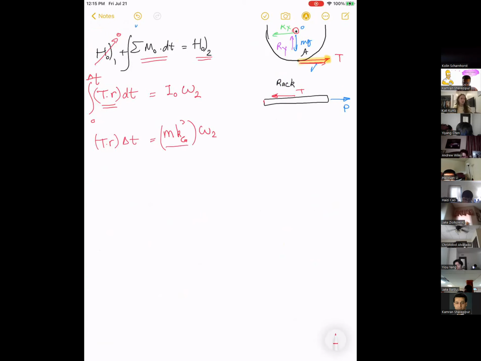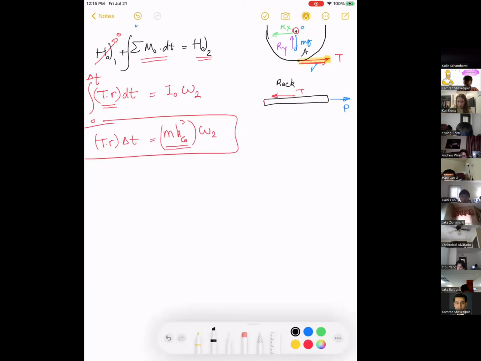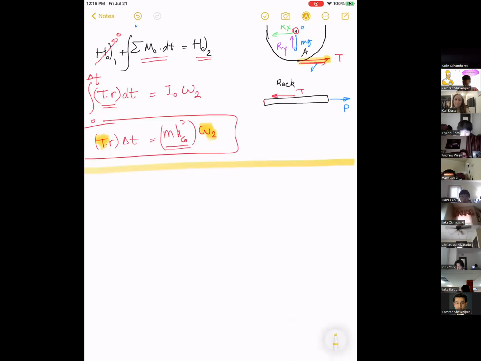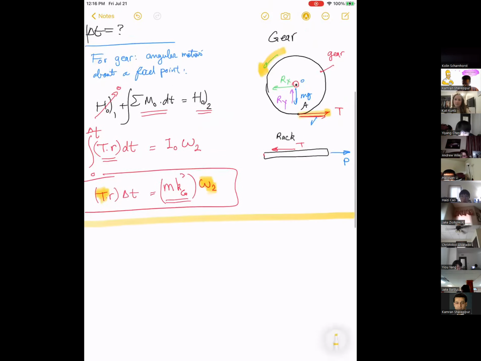This is another way to give you the moment of inertia. Instead of telling you the moment of inertia is this much, they give the radius of gyration, and you substitute here. So this is the equation you get for the gear. And if you look here, we have two unknowns: one is the force T, and one is omega 2. Therefore, we need to also consider the rack.